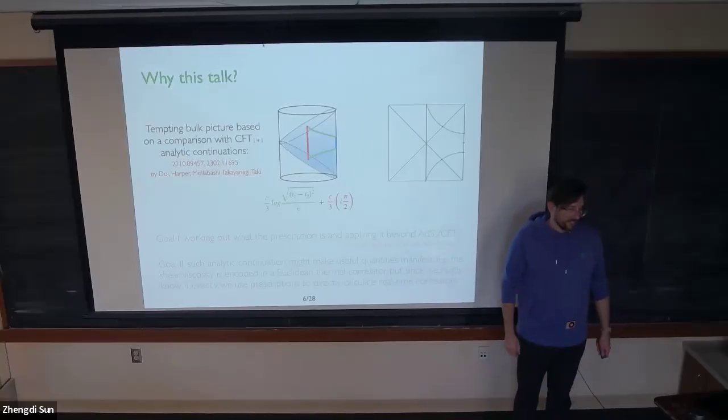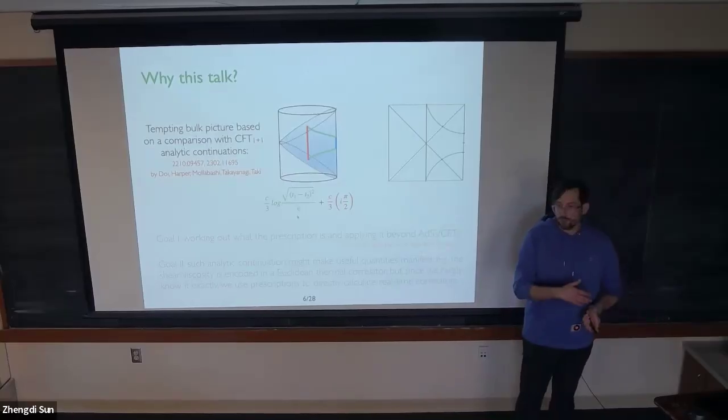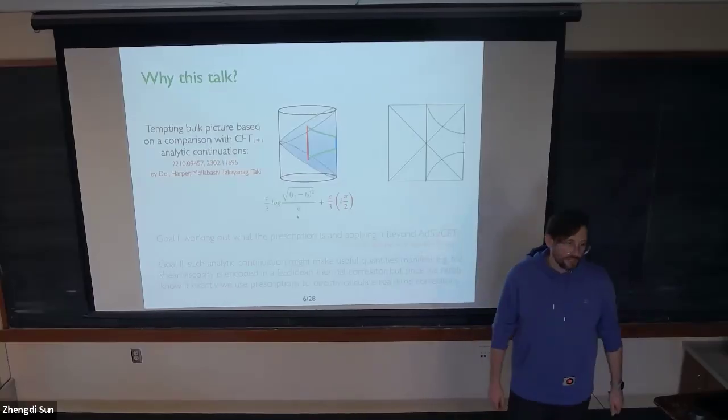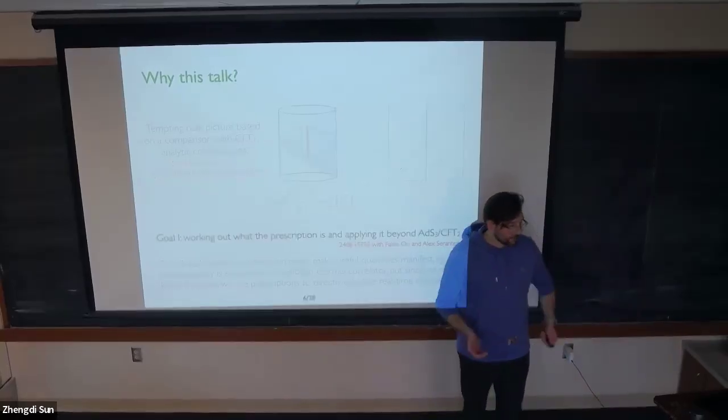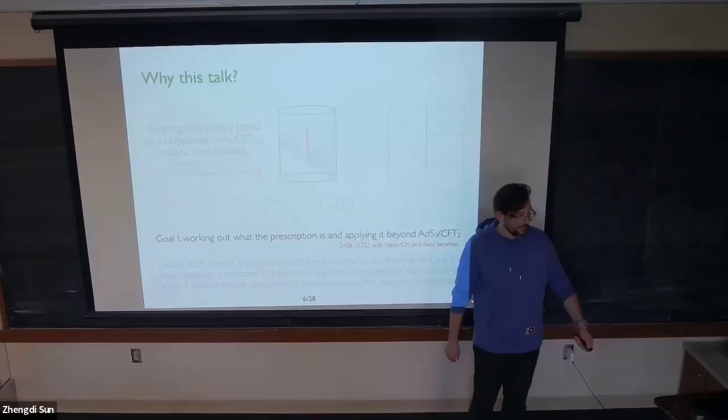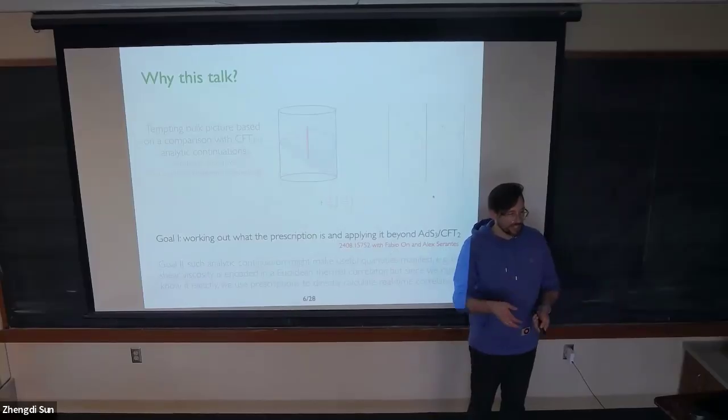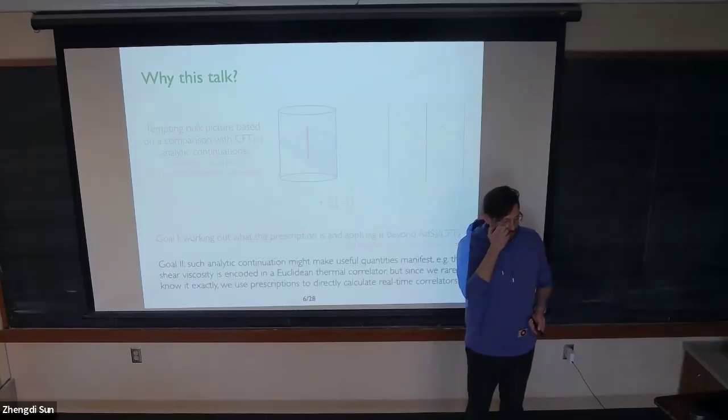And secondly, even though in the context of AdS3/CFT2 there is this possibility of such an interpretation, if you go to a more complicated setup, it's absolutely not clear what to do. So the first goal that we set for ourselves is to work out a possible prescription for such a quantity and try to apply it beyond AdS3/CFT2.